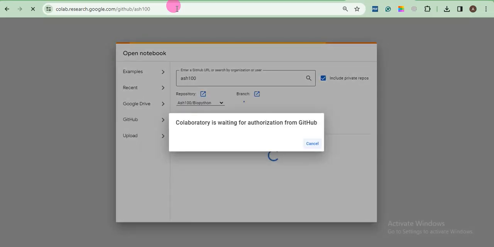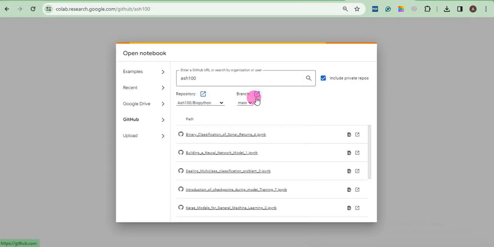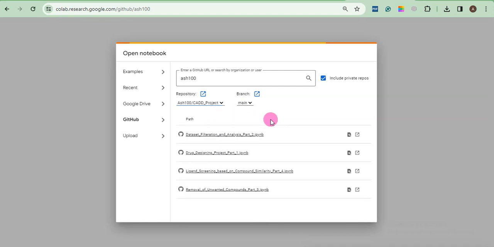Now we will connect to the repository. Get project, and here we will select part 2.